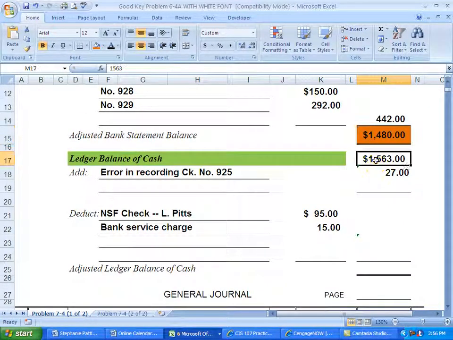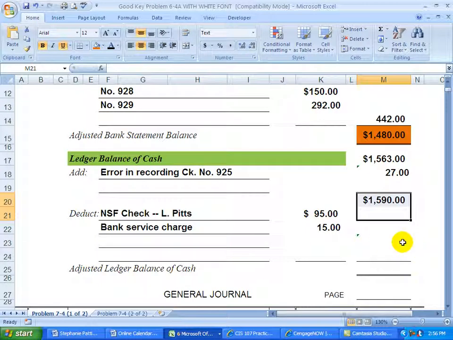Okay, so here's our cash account. This is in our checkbook and in our cash account in the general ledger. We took out too much money, so we're adding back $27 more. If we add those together, we come up with $1,590. If we look at our two deductions here, one is from someone's bad check and one is for the bank service charge. If we subtotal those, we come up to $110.